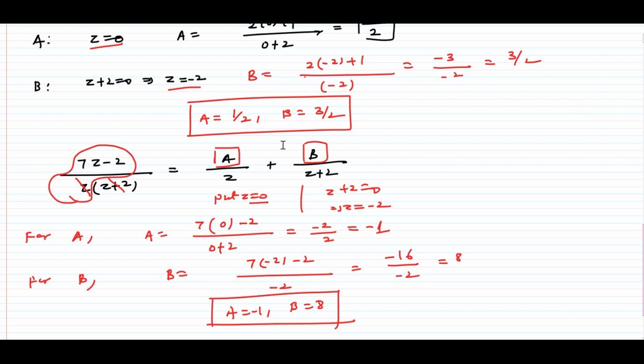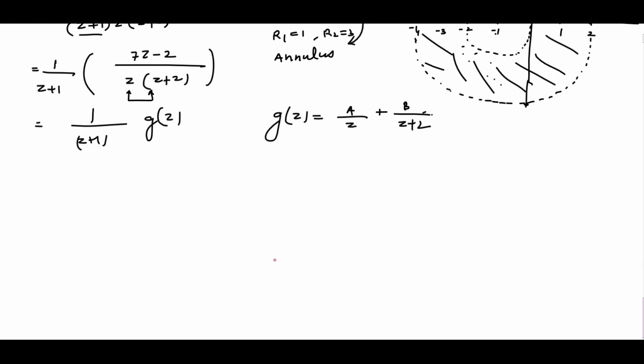in the given partial fraction, that is, here the value of a is negative 1 upon z, and the value of b is 8 over z plus 2. So now we need to put z plus 1 equal to t, then we have the value of z, that is t negative 1.